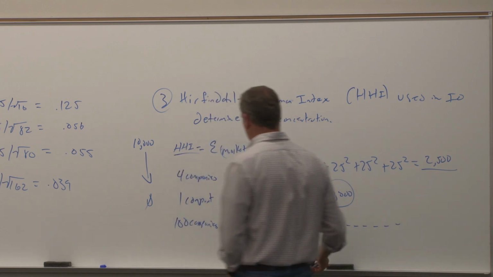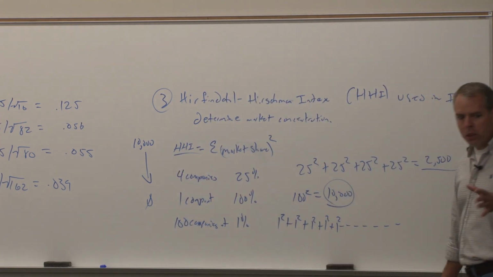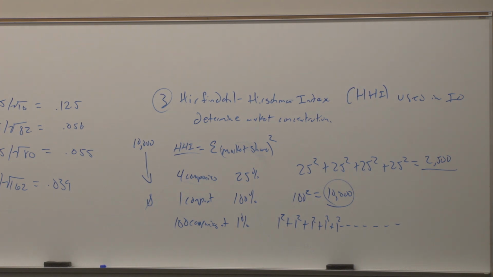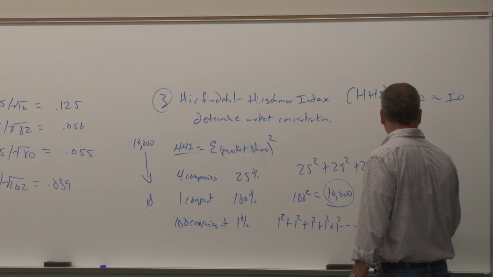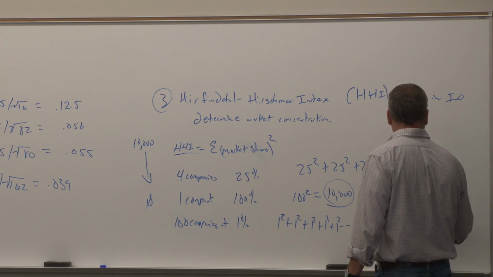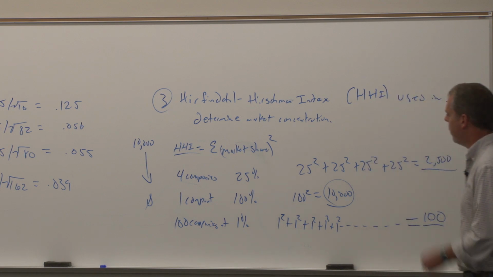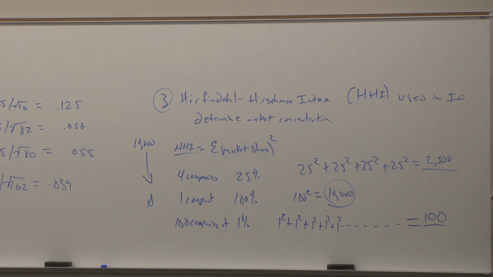Add all that up. So if you have these 100 companies that each have 1% market share, what would this guy's Herfindahl-Hirschman index be? Exactly. So he's going to range all the way from 10,000, and you can go to 0, I guess, and get really, really close to 0.